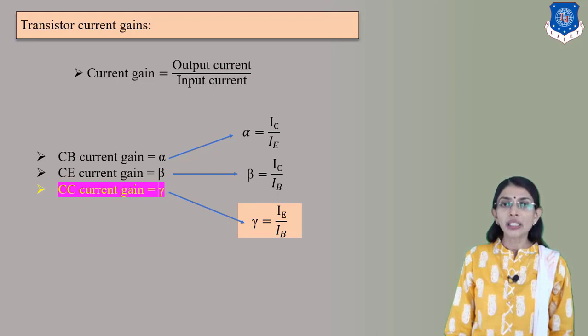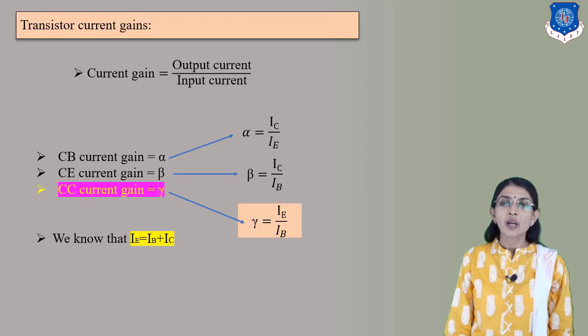The output current is IE and the input current is IB because collector is grounded or common. And another standard formula we already know, that is IE equal to IB plus IC. Always remember such standard formulas for understanding the operation and working of the transistor and its configurations.